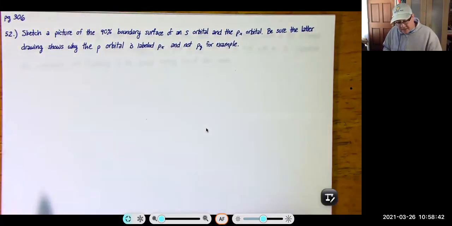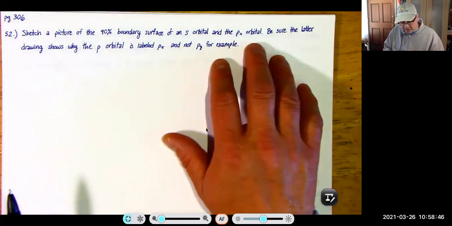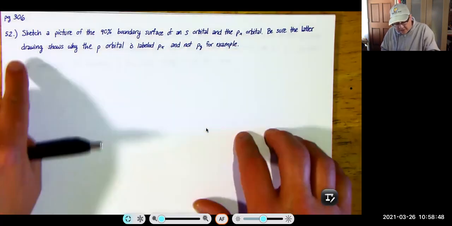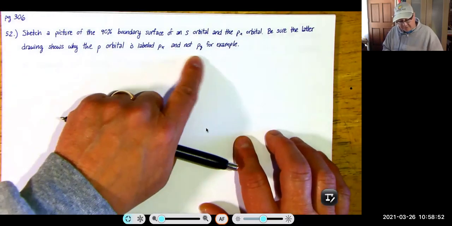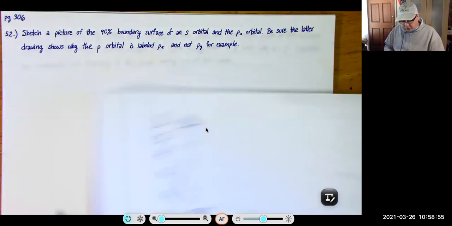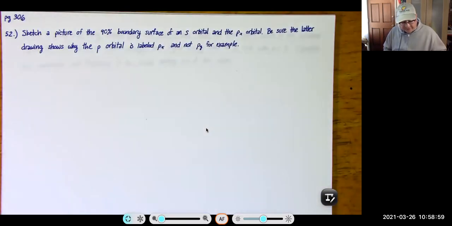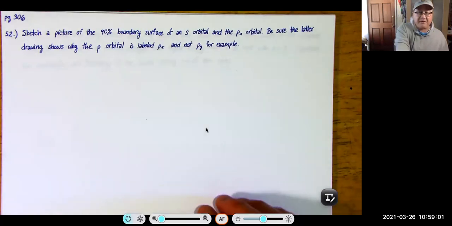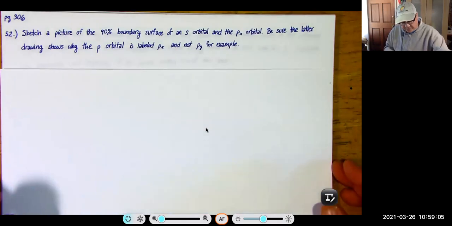Sketch a picture of the 90% boundary of an s orbital and the px orbital. Be sure the latter drawing shows why the p orbital is labeled px and not py, for example. Okay, so what we're going to do here is something different. We're going to draw the 100% boundary for an s orbital.